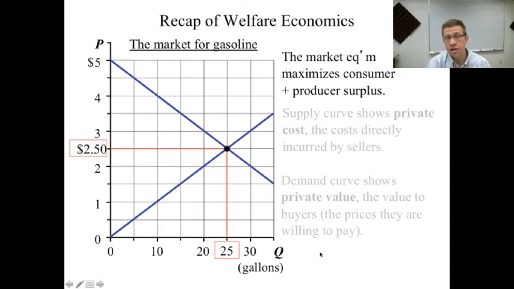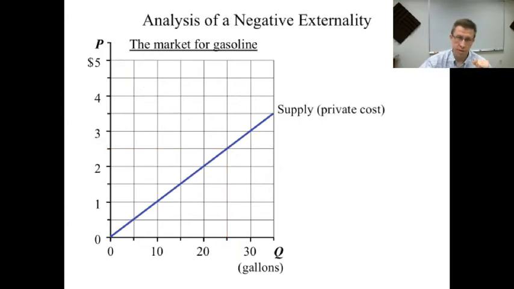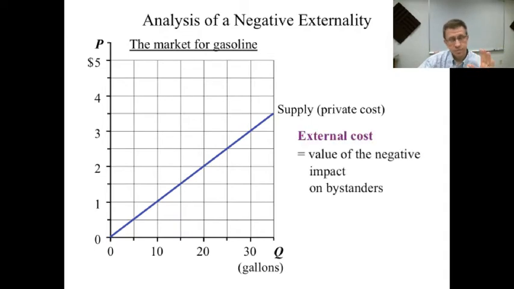If there's no externality, this maximizes consumer and producer surplus, as we've learned before. This is efficient, a good outcome. People who most want the gasoline get it, and the people who can sell it for the lowest price are the ones who get to sell it. It's an efficient outcome, maximizes surplus, but that analysis only applies when there's not an externality.